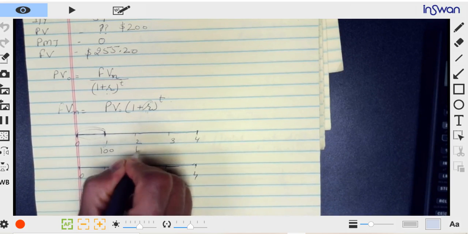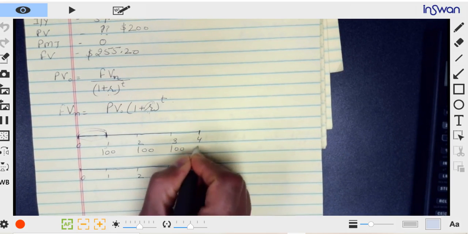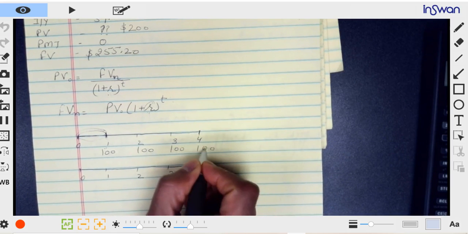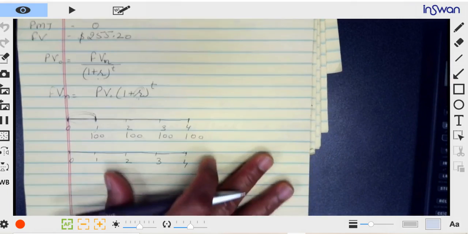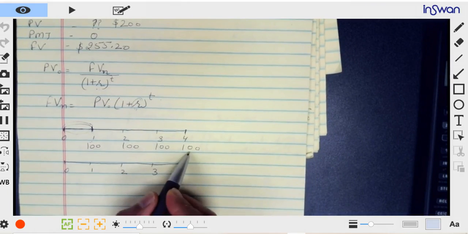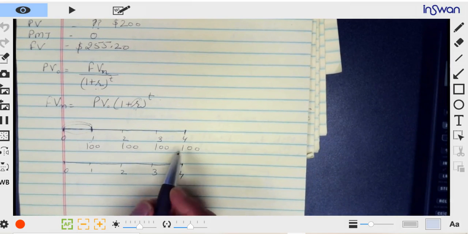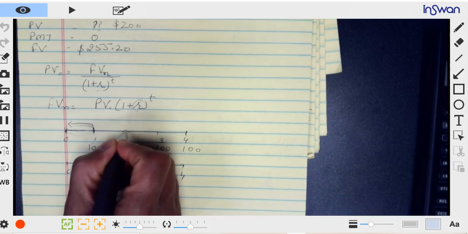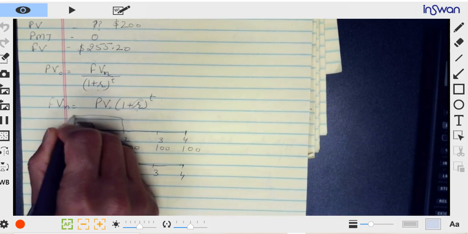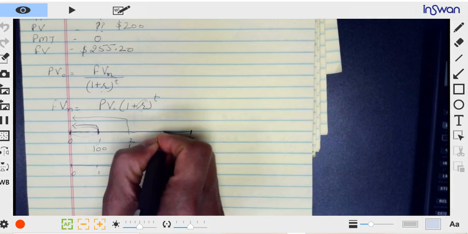Let's say $100 here, here, here and here. Then you want to calculate the present value or the future value of all these cash flows. You can calculate both. If you are calculating the present value, you are bringing everything here.